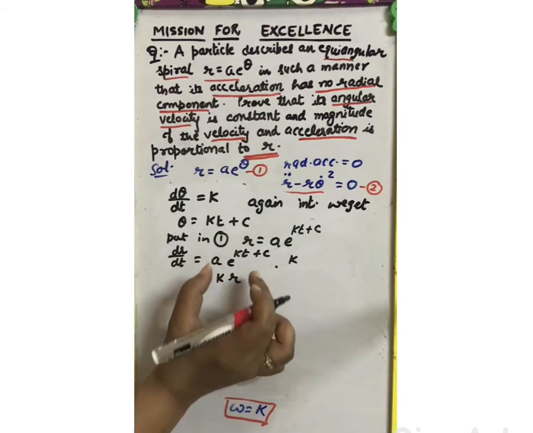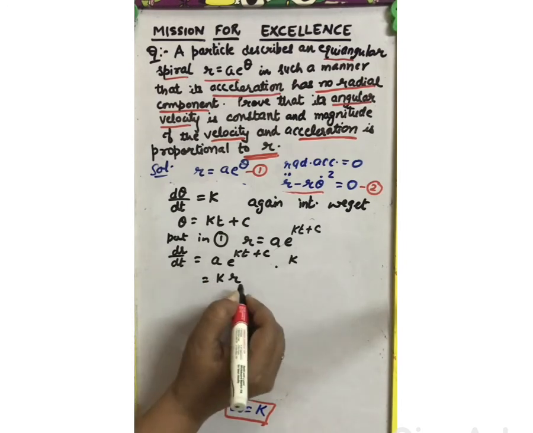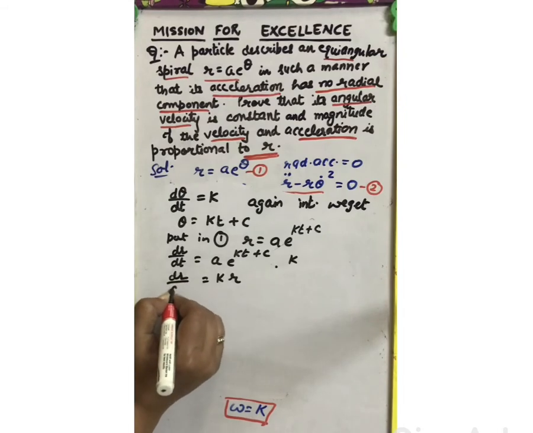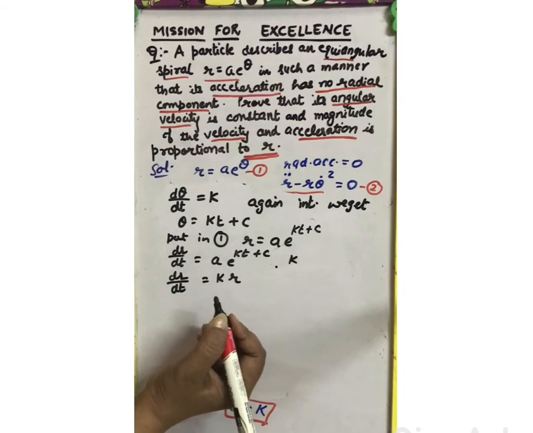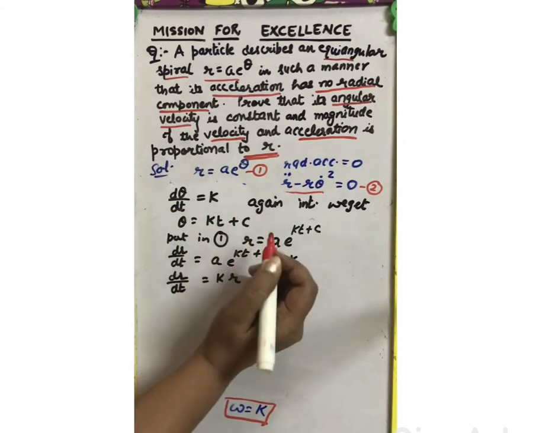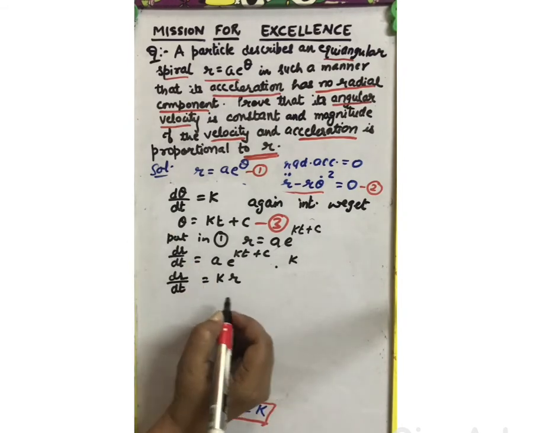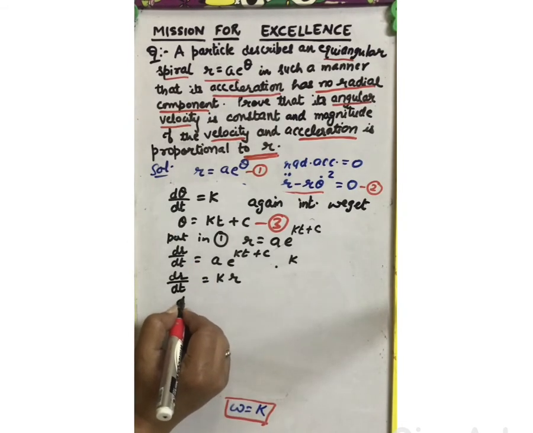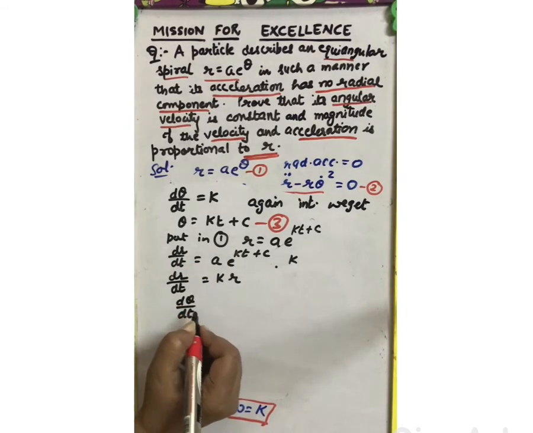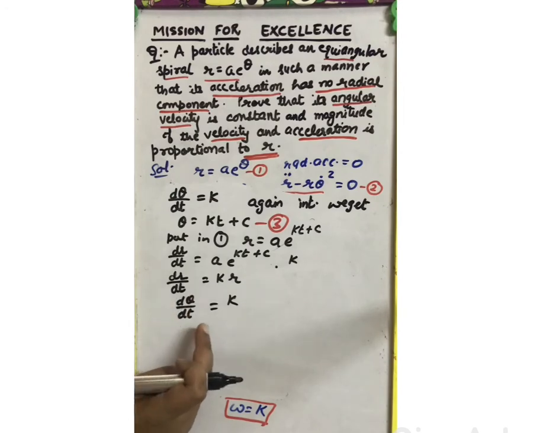So dr by dt is kr. And also differentiate this equation number 3, that is theta. We get d theta by dt as k. We already have d theta by dt, so we write here also d theta by dt equal to k.